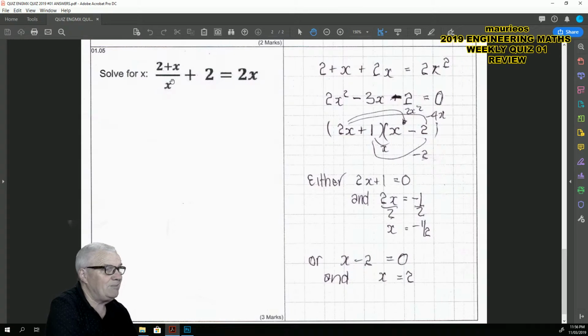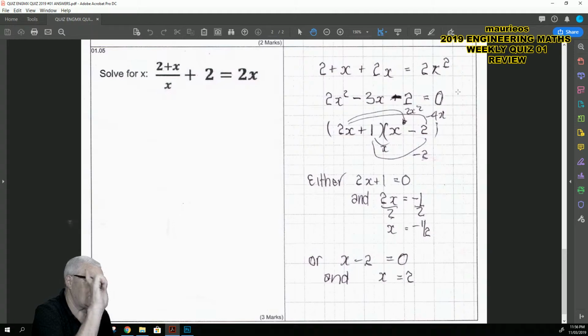So we've multiplied by x. We get 2 plus x plus 2x equals 2x squared. Now, just back the truck up a little bit. We have to solve for x, so that means we must find a value for x.